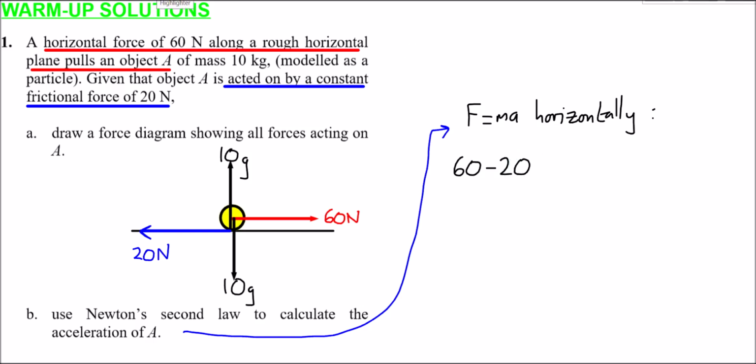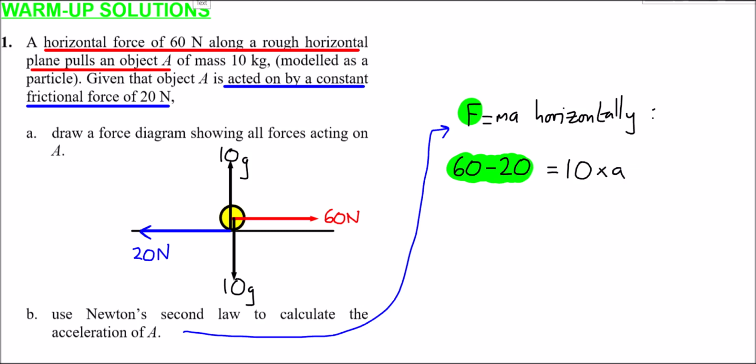So that's the resultant force. Obviously that's 40, but I'm including 60 and 20 so you can see where I'm arriving at the number 40. So that's going to be equal to the mass, which is 10, multiplied by the acceleration.